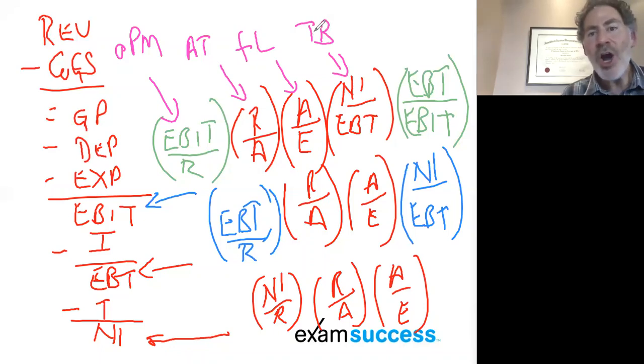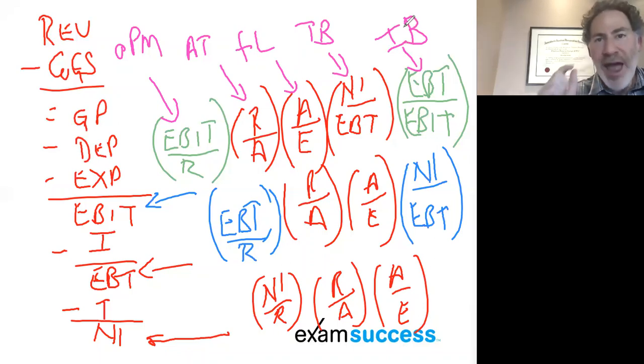And then the earnings before tax over the operating income, this is my interest burden, IB. So they would have to ask you to calculate these individually, okay? Otherwise, you could just drop right down to net income over equity and you've got your answer, okay?